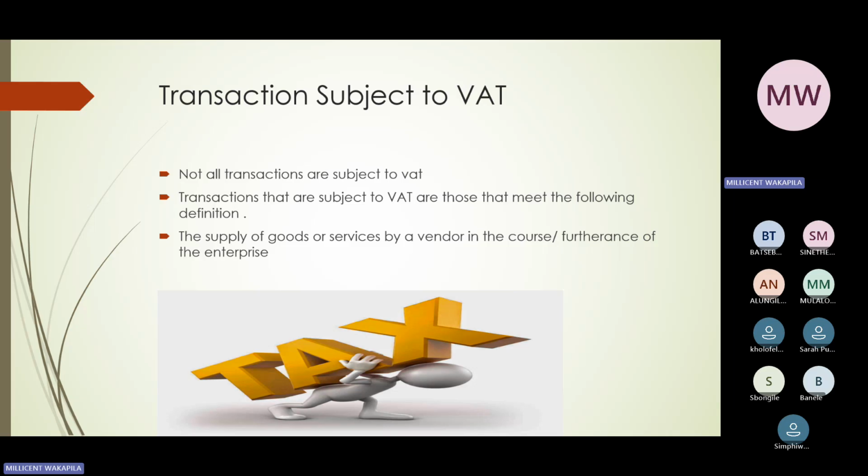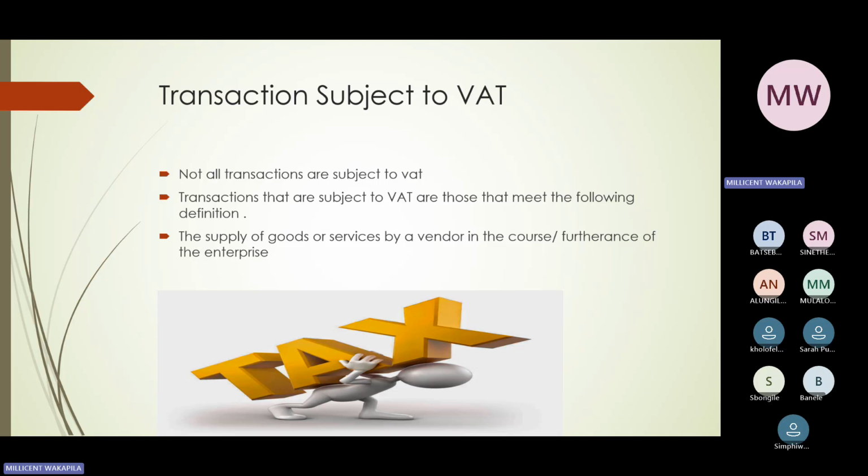So what I'm trying to explain to you guys is that not all transactions are subject to VAT. Some transactions are subject to VAT, some are not, right? This is where VAT gets tricky, because you are given a list of transactions. The lecturers want you to know which transactions are subject to VAT and which are not.